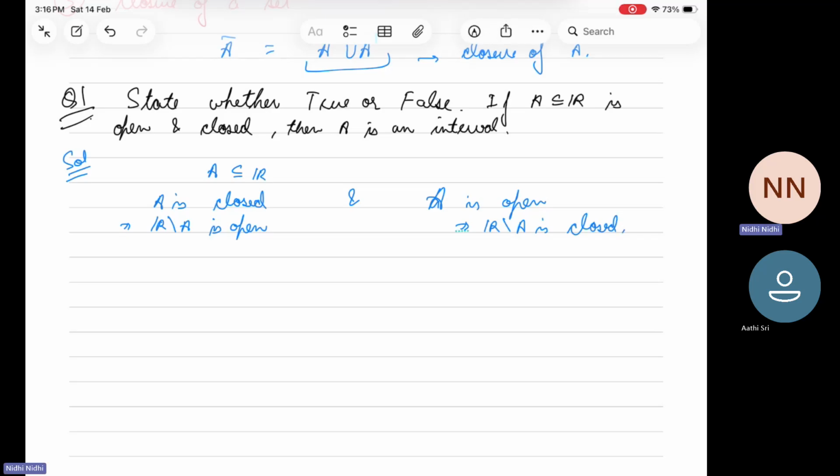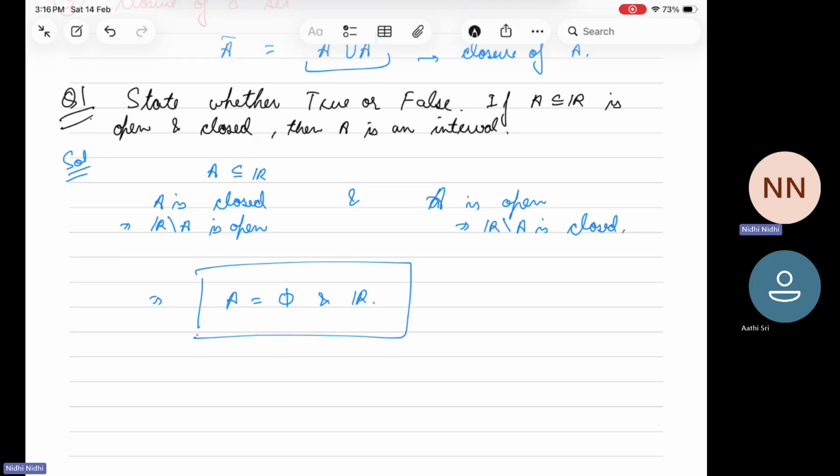Now if A is a set such that it is open as well as closed, then its complement must also be open and closed. That means if A is such a set, then A complement is also such a set, and we all know that there exist only two such sets in the set of real numbers, the empty set and its complement as well, the set of real numbers.